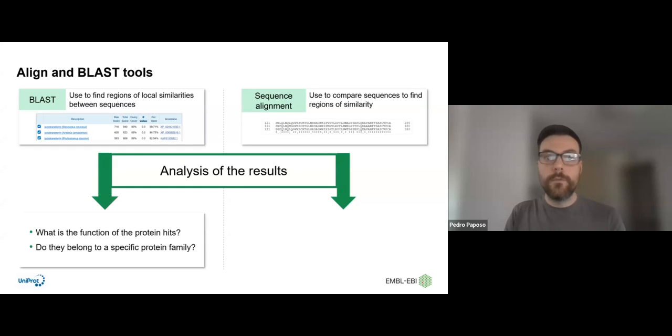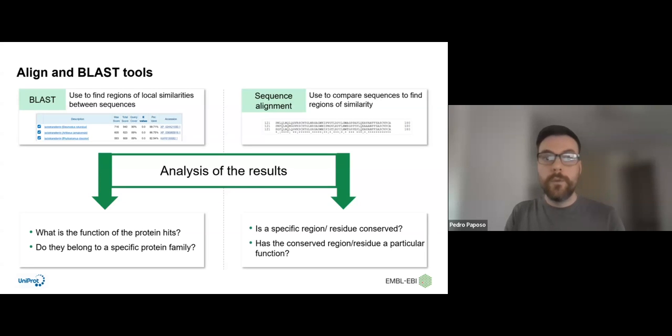With BLAST, you'll get information to understand what the function of the protein is and if it belongs to a specific protein family. With the sequence alignment, you will get information to understand if specific regions or motifs have a particular function, and it will allow you to visualize them inside the alignment.